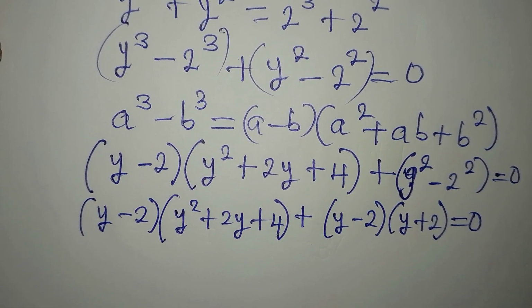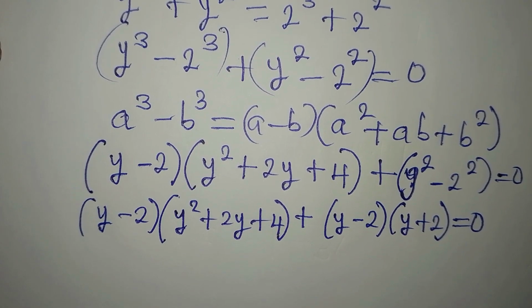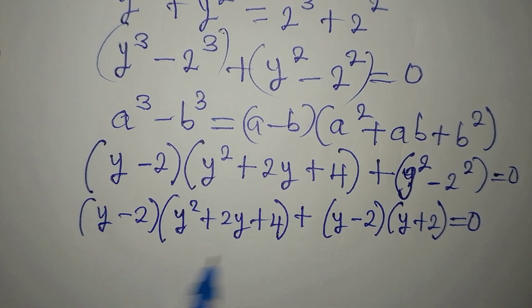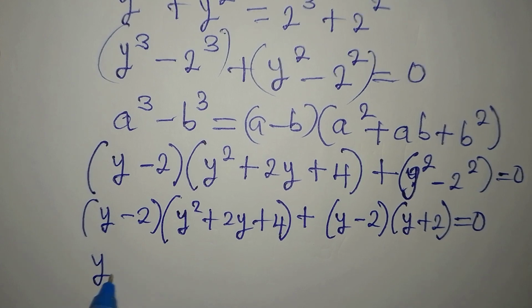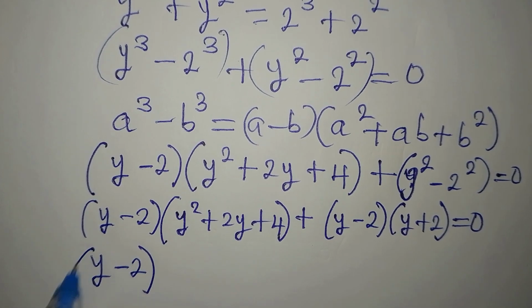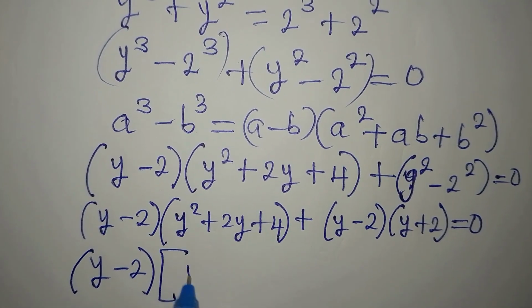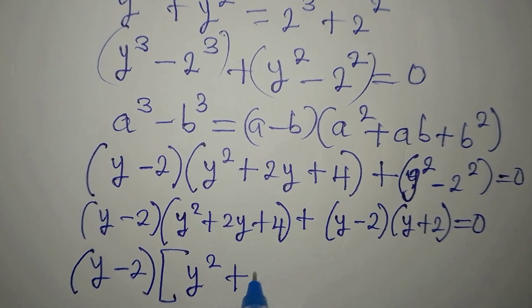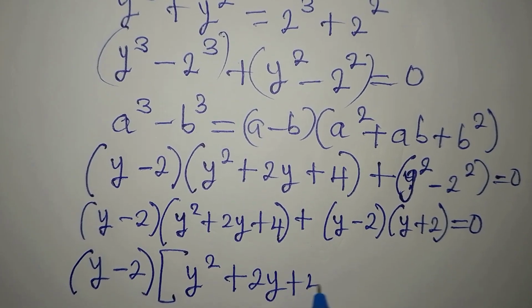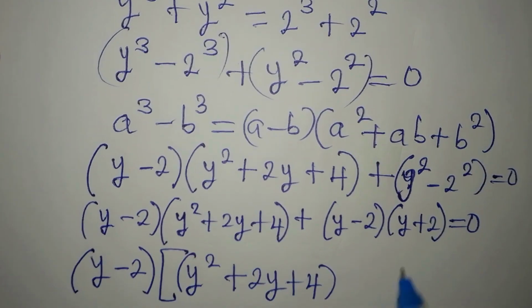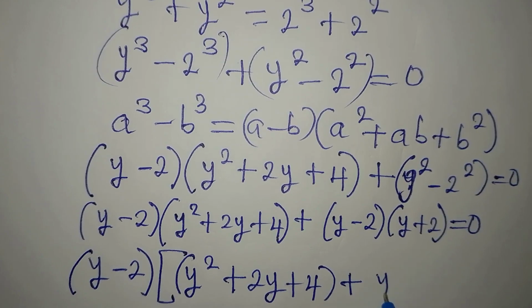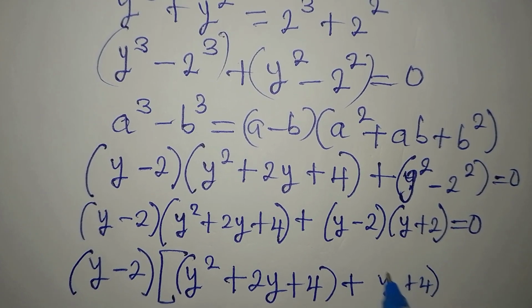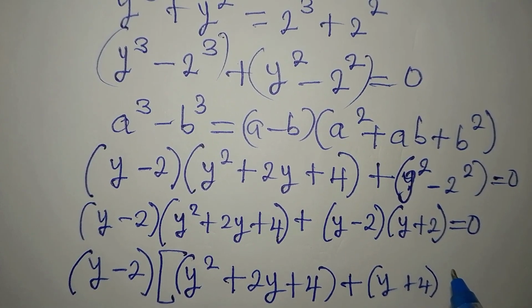What I have done is to apply the difference of two squares. Now, by looking at the two sides, y minus 2 is common, so I write y minus 2 as a common factor. Then here I have y squared plus 2y plus 4, right? Then y minus 2 is out, so y plus 2 should be there. Then we have y plus 2. If you like, you can still have this in bracket.